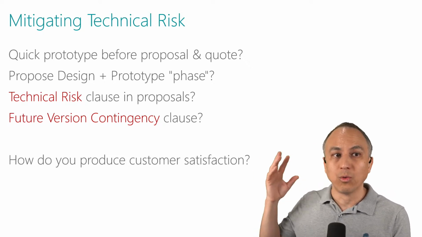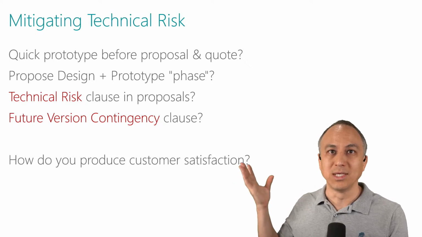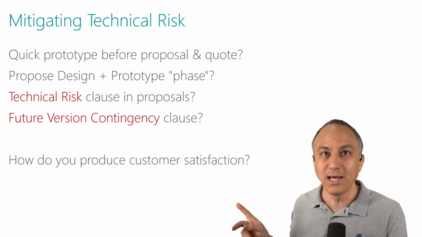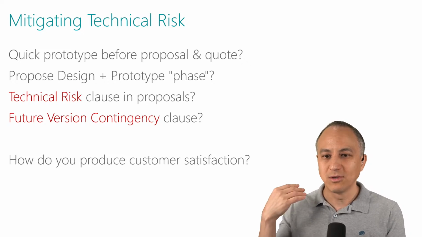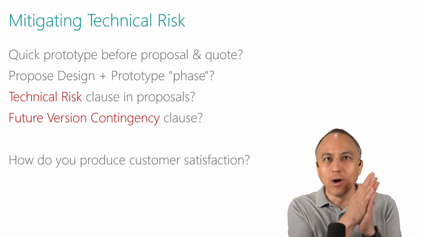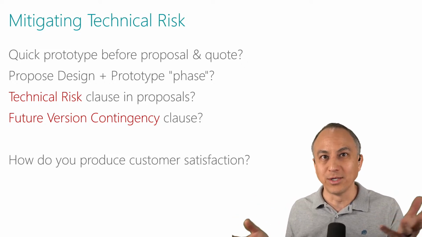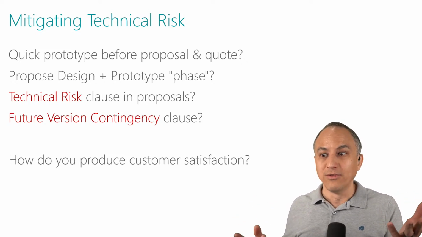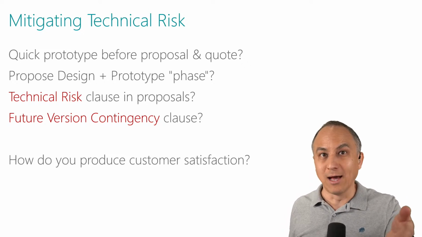And the reason that I want these things is I want to have a satisfied customer at the end of the day. I don't want to sell an 8-hour project and rub my hands together just waiting for all the technical risks so that I can bill them 24 or 48 hours. They're not going to be happy with it.